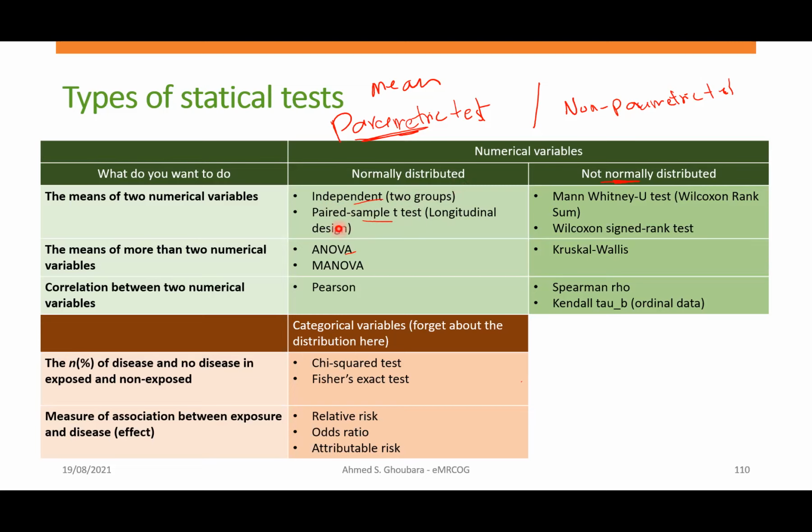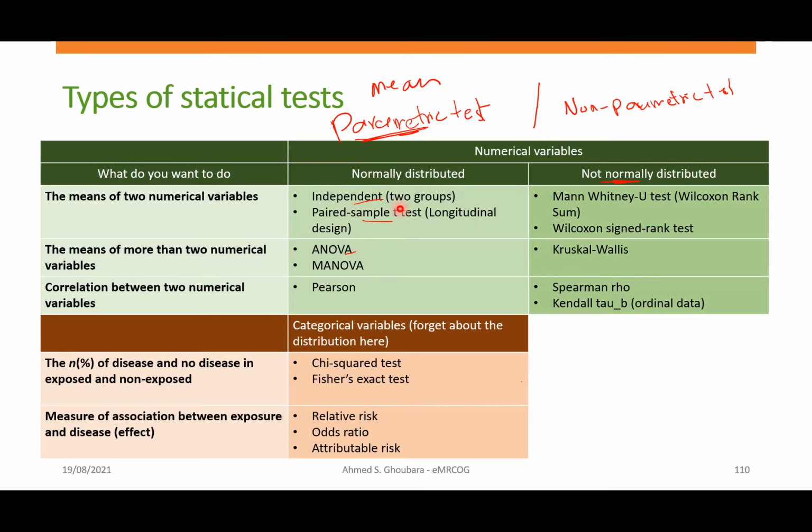Paired sample t-test. This is like, we have one group of patients, but you have two observations for each patient, like ovarian reserve before drilling and after drilling. So you got those ladies, you got 100 women, then you measure the ovarian reserve, the AMH, for example, before doing laparoscopic ovarian drilling, right?